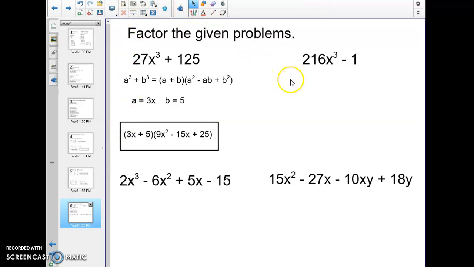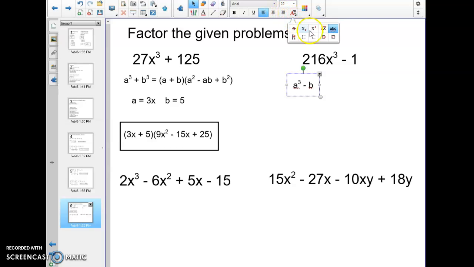Here, we have to use the a cubed minus b cubed equals a minus b times a squared plus ab plus b squared.